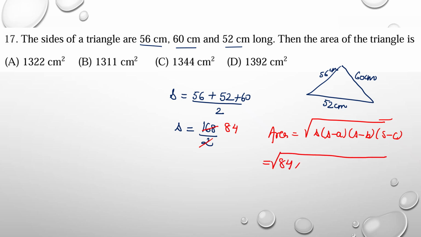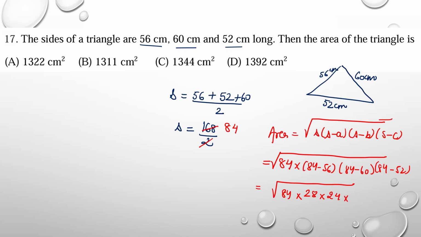S minus A, 84 minus 56, 84 minus 60, 84 minus 52. Square root 84. 84 minus 56 is 28. 84 minus 60 is 24. 84 minus 52 is 32.